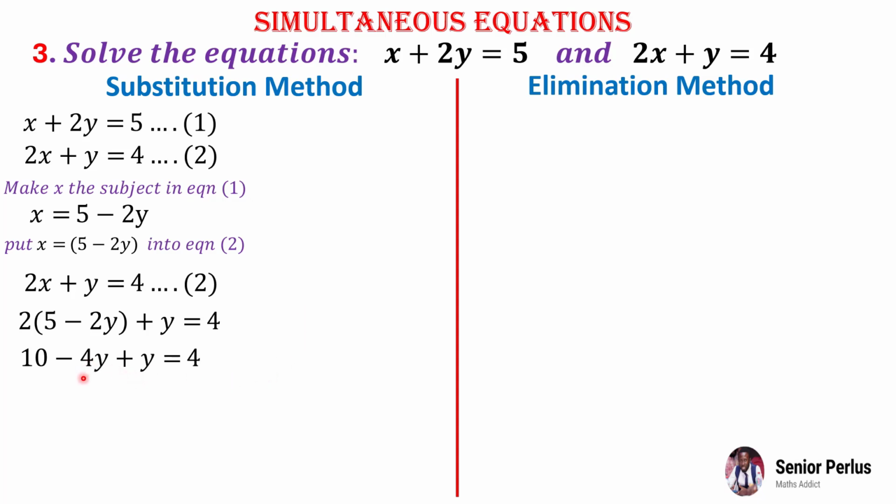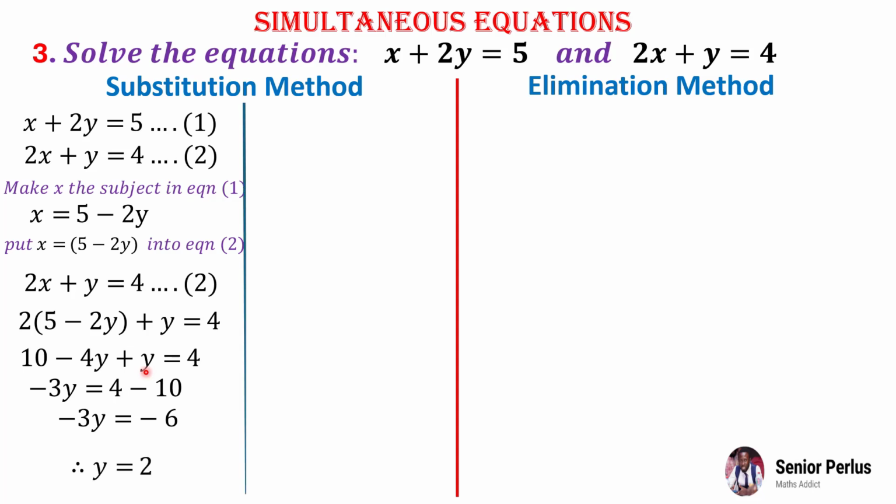Then negative 4y plus y, that one we get negative 3. Then we solve for y by dividing both sides by negative 3. Then our y will be 2. Good.